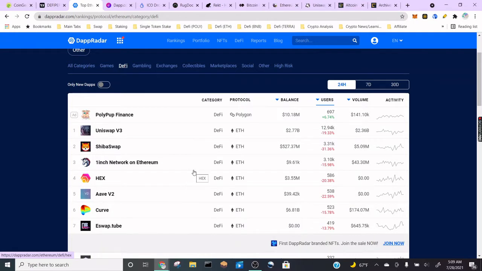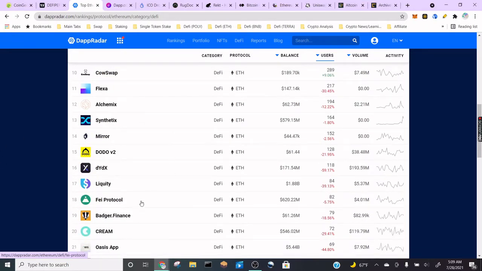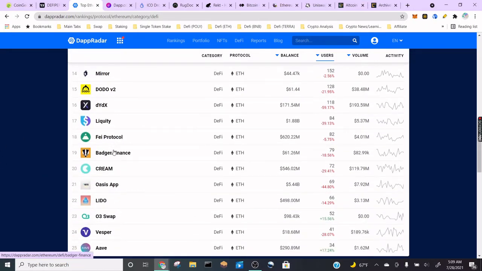It kind of helps you find safety in crypto because if there's $3 billion locked in, it's a lot safer. Like Uniswap version 3 here has $2.36 billion of volume. So it gives you more faith in the project itself that it won't just fall off the face of the planet. But yeah, we got Compound. All the big guys are up here.